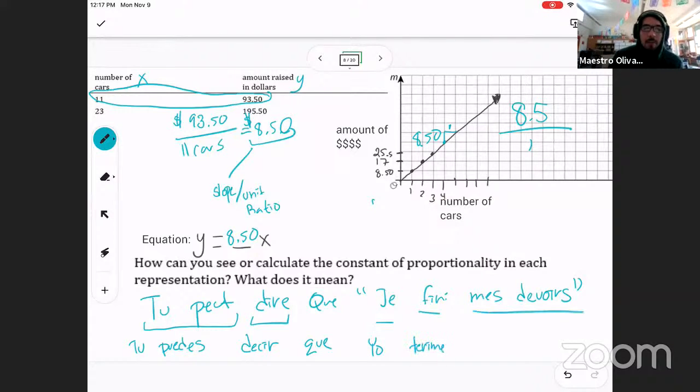What about me devoir? What do you think that means? I'm gonna turn into a frog now. Bruh. Me devoir. Devoir. Wait. What word do you think devoir means? Think of a Spanish word.